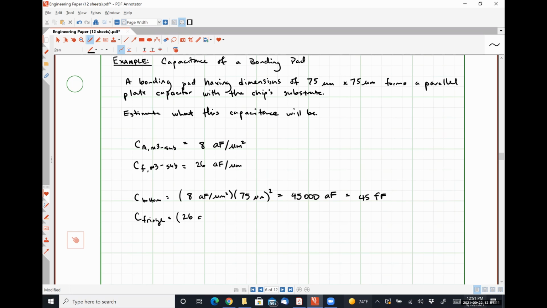So 26 attofarads per micron times 75 microns times 4 to account for all 4 edges of our plate here. So what's 104 times 75?